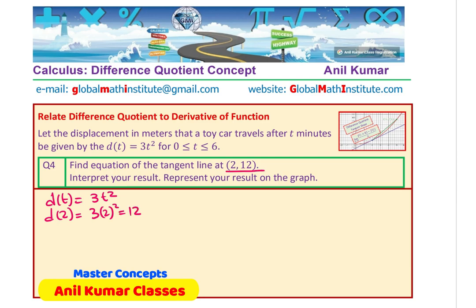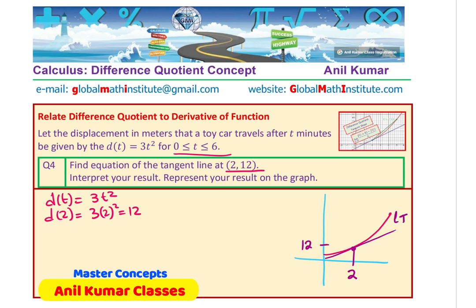So the point is on the graph, right? So on the graph, just as we were trying to sketch, let me just sketch it once again, because our graph is limited from 0 to 6. So we have this value at 2, right? And the y value here is 12. So at this point, we have to find the equation of this tangent line. So this line is tangent, correct? We have to find this equation.